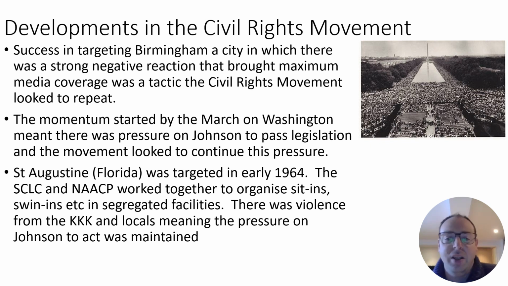This maintained the pressure on Johnson to act, showing that this violent reaction to those who opposed segregation was still happening, and again this helped push Johnson to continue with his attempts to pass the Civil Rights Act.